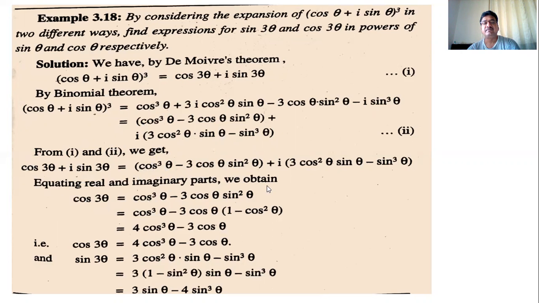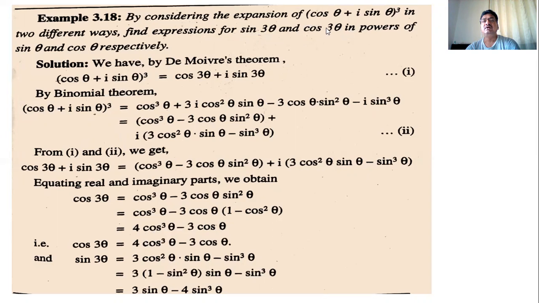So write this, and then its simplification: cos cube theta minus 3 cos theta sin square theta. Write sin square theta as 1 minus cos square theta, and then we have the answer 4 cos cube theta minus 3 cos theta. Why this simplification? Because the question is to find the expression for sin 3 theta and cos 3 theta in powers of sin theta and cos theta respectively.